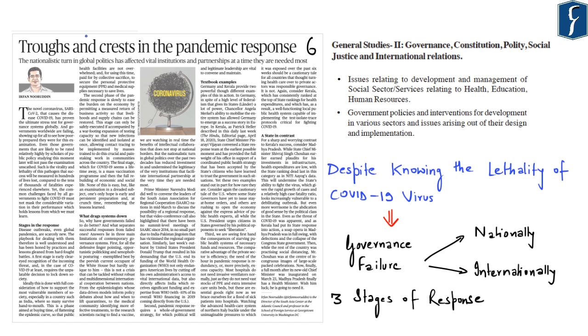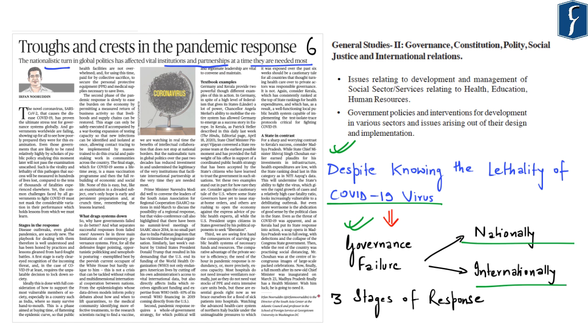It says, Troughs and crest in pandemic response. The nationalistic turn in global politics has affected vital institutions and partnerships at a time they are needed most. Now, this news highlights that despite knowing the lethality of the COVID-19 virus, there has been a governance failure both nationally as well as internationally.